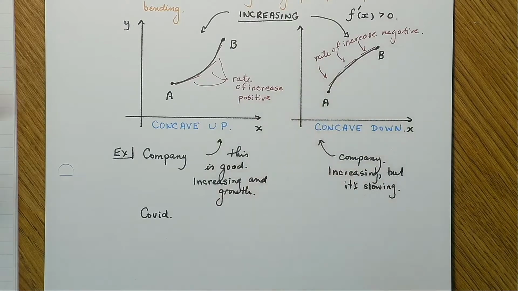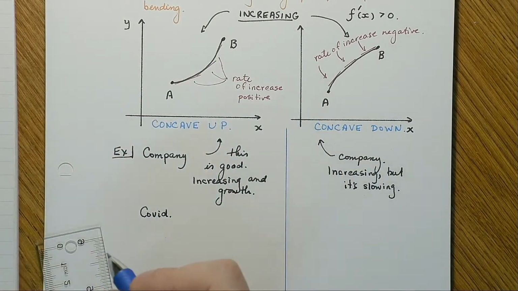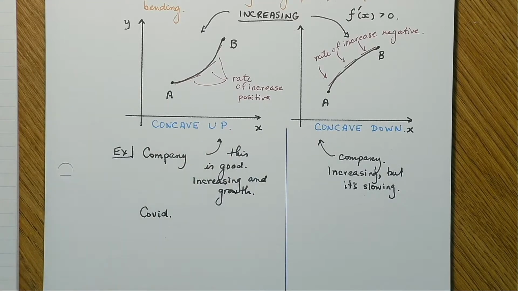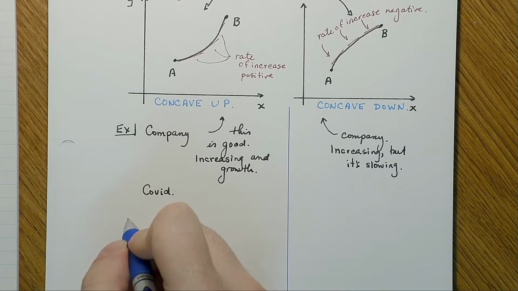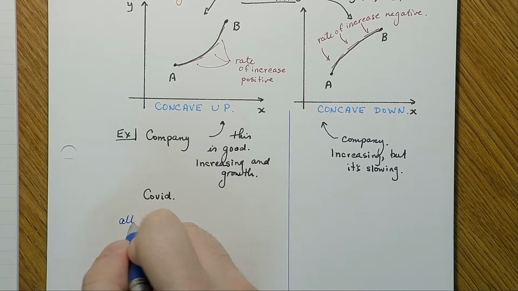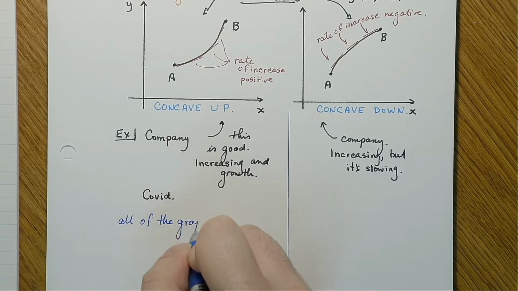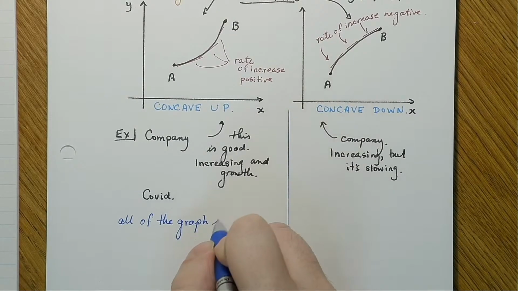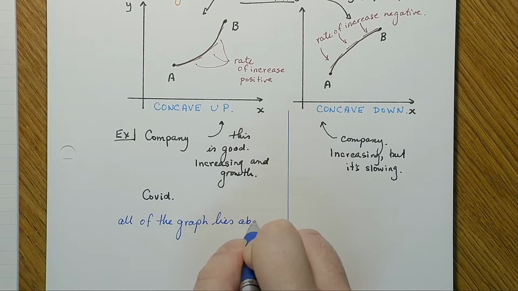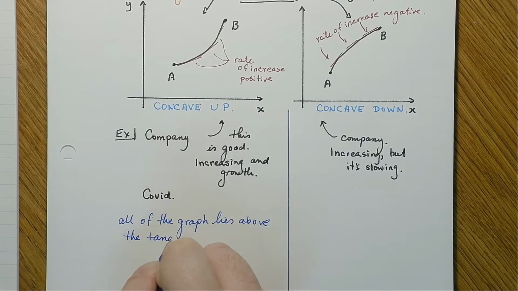Now in this one, what we see here is that all of the graph, you know, this function here that I've drawn in black, it lies above the tangents in the interval.